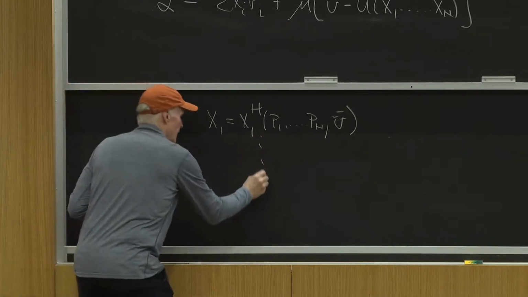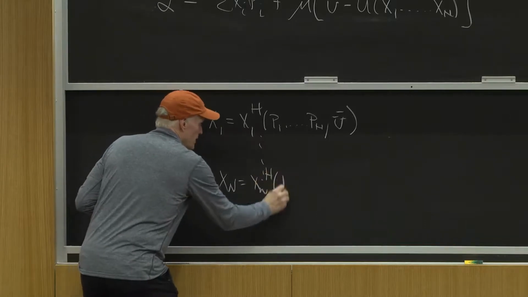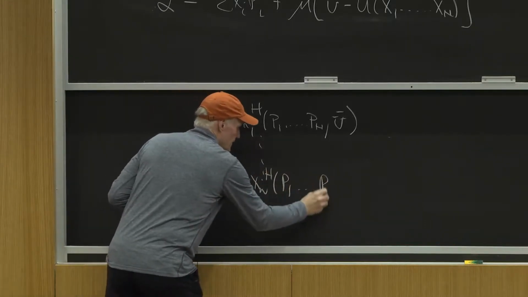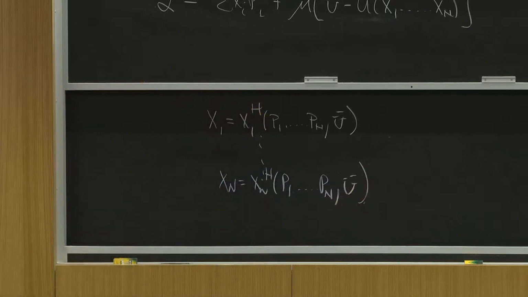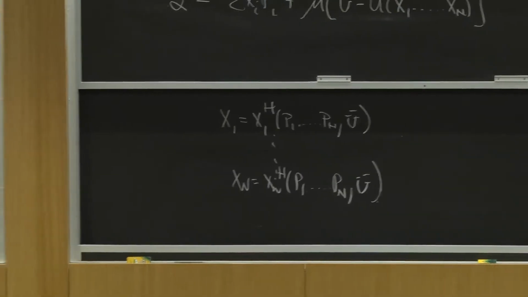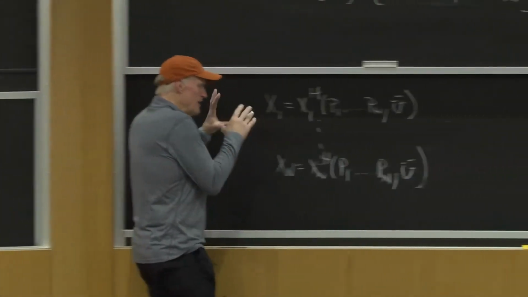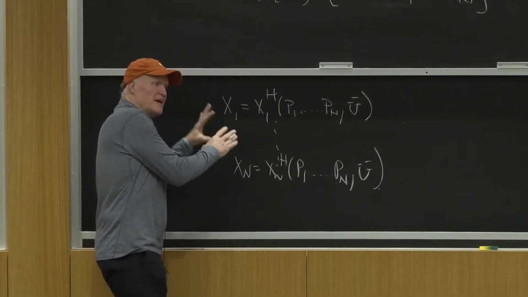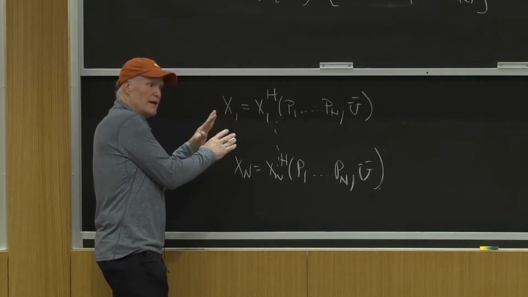Down to xn equals xnh of p1 up to pn, u bar. Okay. All right. So now a different set of demand equations. But critically, and this is what confused me when I was a student taking this, so maybe you're going to get confused by the same thing, they don't describe a different set of choices. They describe the same set, they just index them a different way.